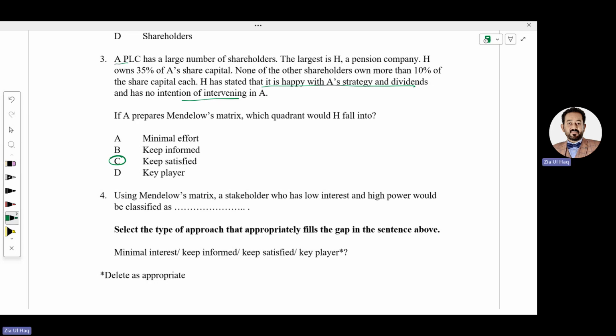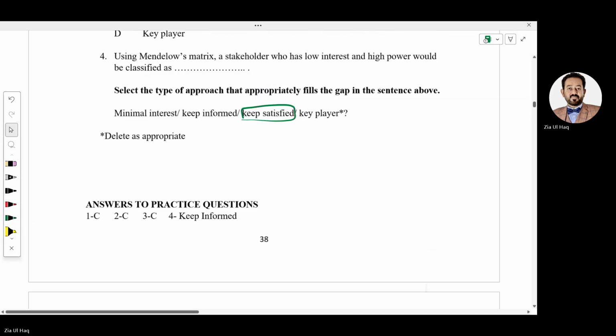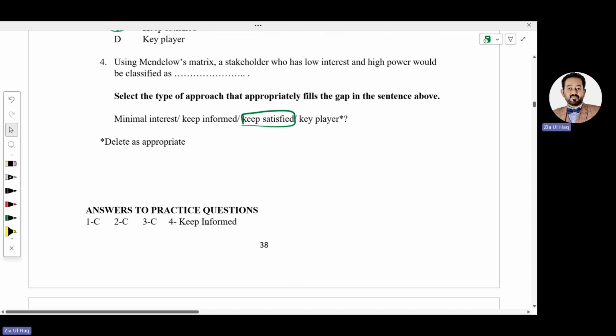Number 4, using Mendelow's matrix, a stakeholder who has low interest and high power would be classified as the same: keep satisfied. Is it fine? This answer is wrong. Put that keep satisfied.